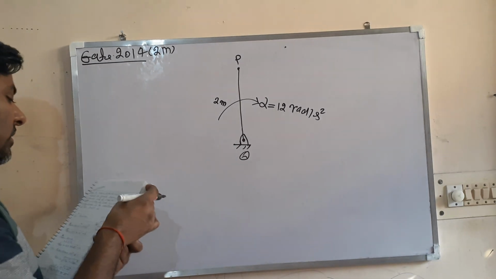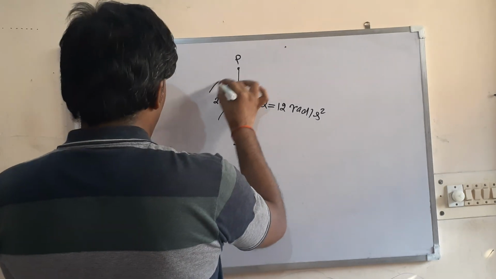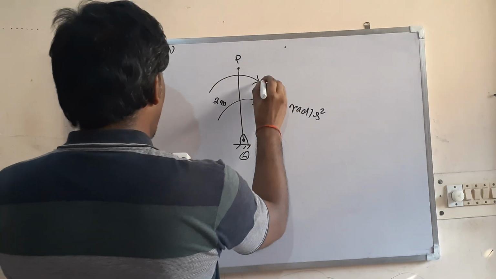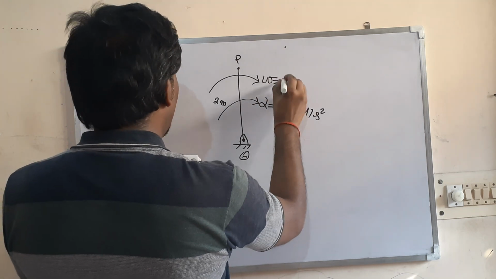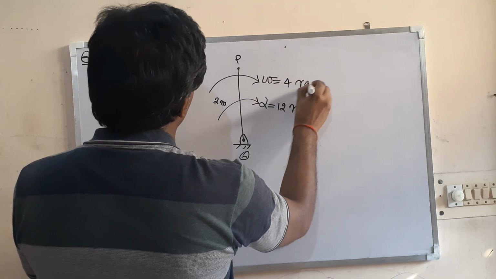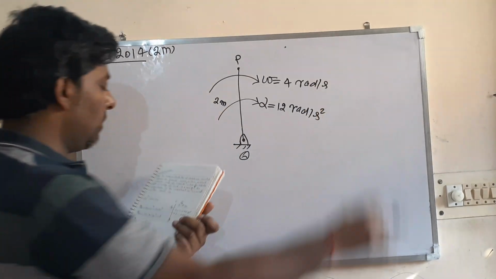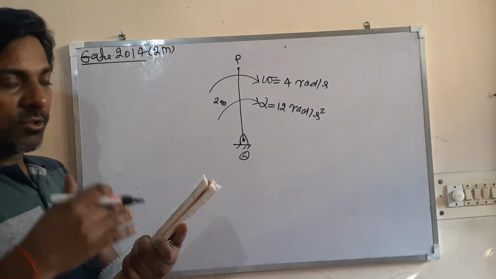When the angular velocity of the link is 4 radian per second, alpha is there, so omega will change.